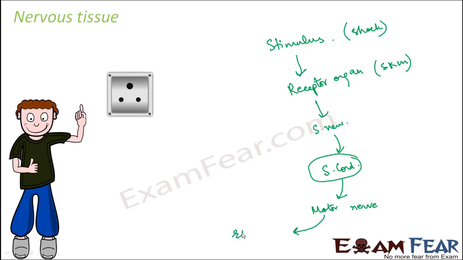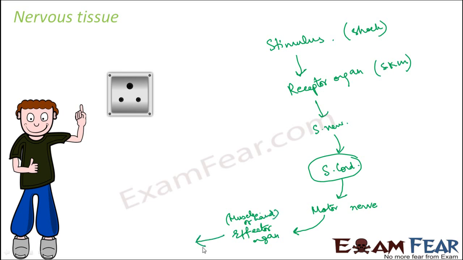So now this motor nerve will go to the effector organ. Which is the effector organ? That is the organ which has to take that action. And what is that action here? You have to remove your hand. So the effector organ in this case is the muscles of your hand. Right?